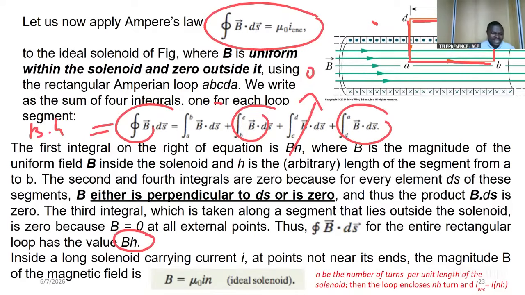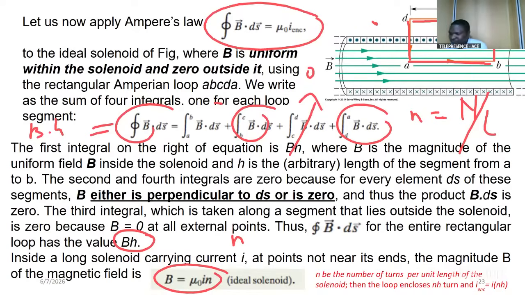So inside the solenoid carrying current I, at a point not near its end, the magnitude is given by this particular expression for an ideal solenoid. But mind you, that small n is the number of turns per unit length. That is the number of turns present over the length.